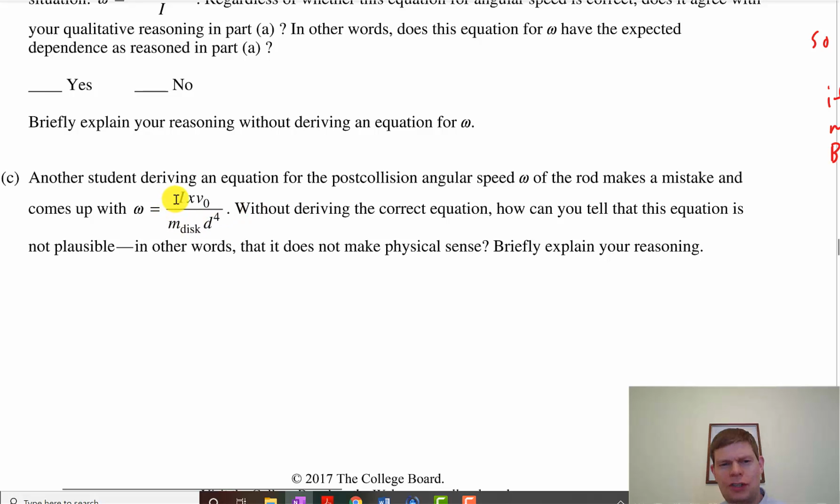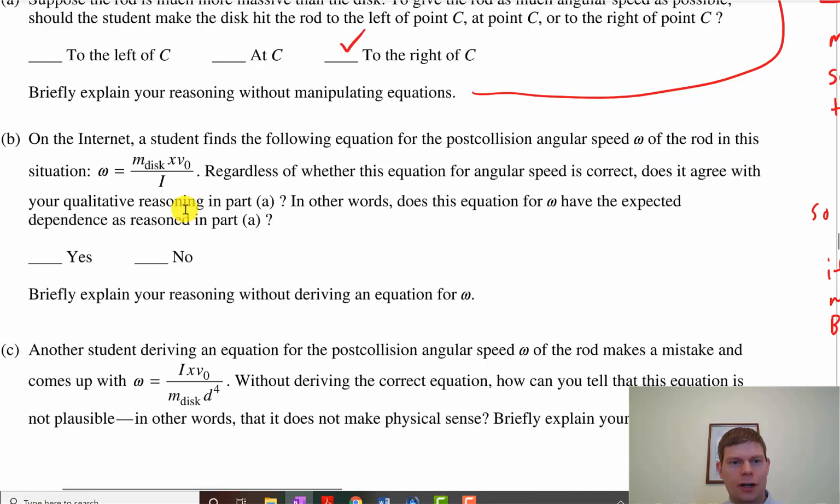Basically you just look at it, and a lot of the issues, if you think about the difference between the two, are that I is kind of in the wrong place. It's got the reverse dependency, and the mass of the disc has the reverse dependency, so we've got to think logically about why this has to have the reverse dependency.